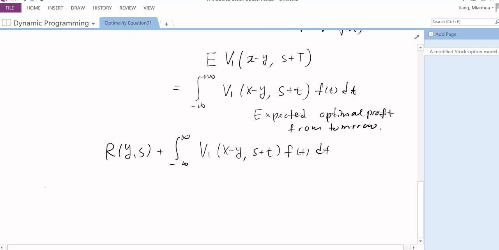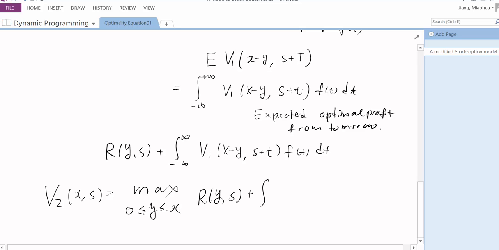So now if we want to optimize, then V2(X, S) is going to be the maximum over Y less than or equal to X and greater than or equal to 0, of R(Y, S) plus the integral from negative infinity to positive infinity of V1(X minus Y, S plus T) f(t) dt.